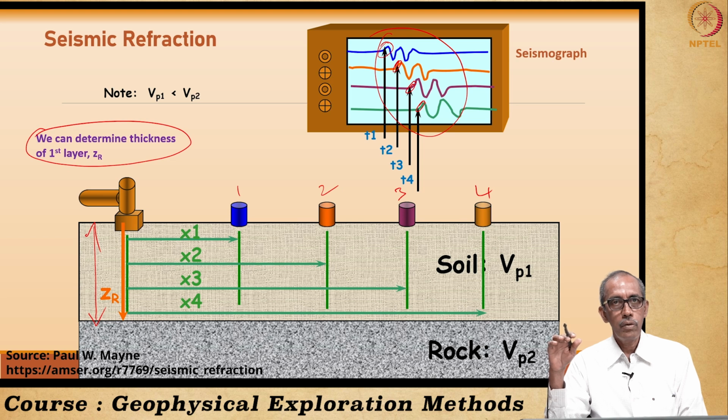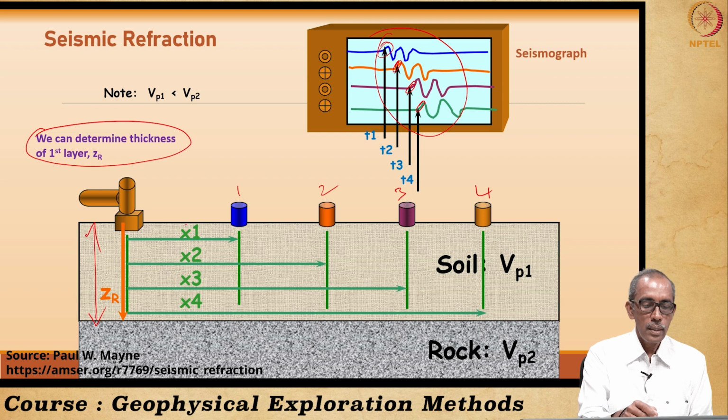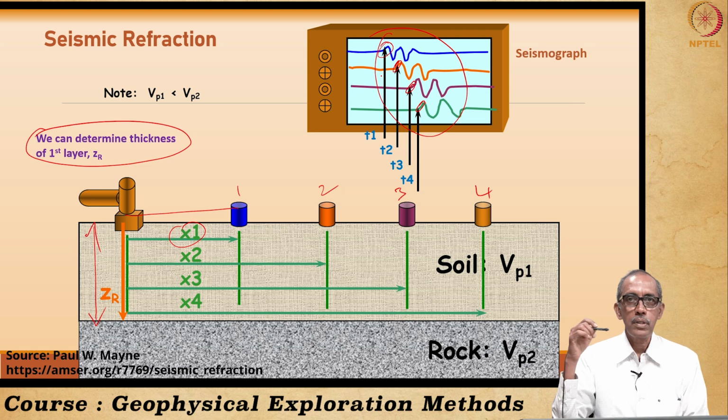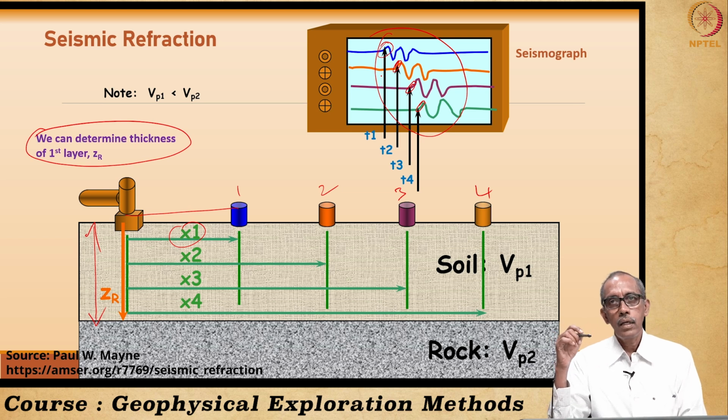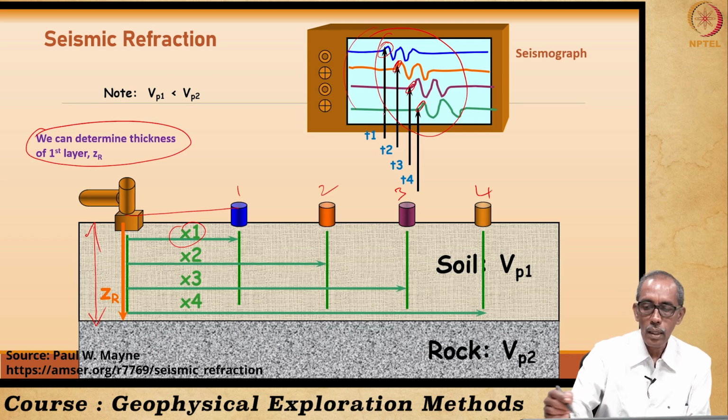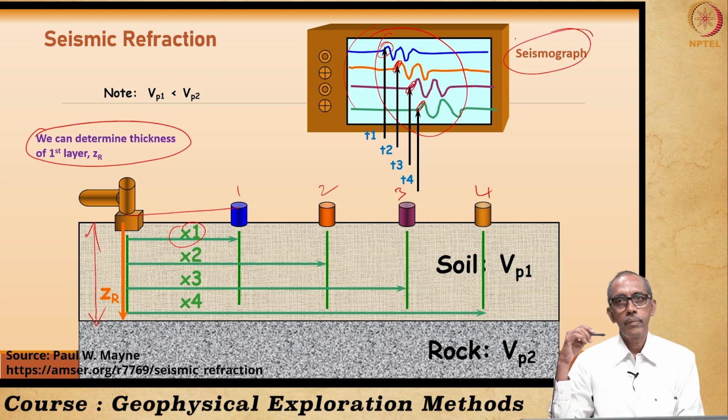That means, what did we do? We had energized the ground and we have arranged a couple of geophones. In this diagram, we have used 4 geophones, and we know the distances of these geophones from the shot point, and we also have the arrival times at all these geophones, right. How did we get the arrival time? Because the arrival times are recorded on the seismograph, right.